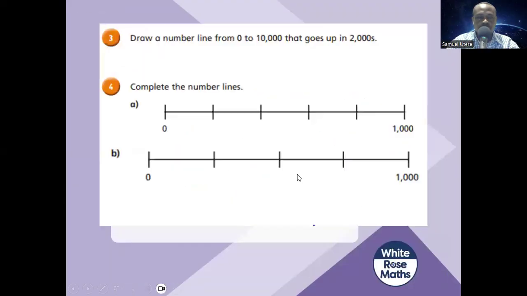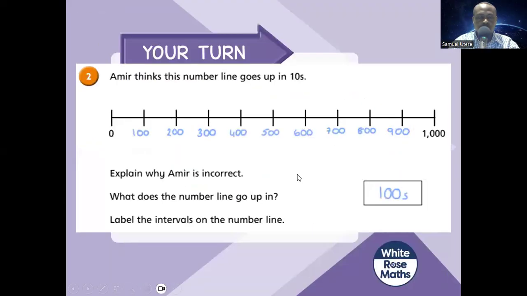Here is question 2. Amir thinks this number line goes up in tens. Explain why Amir is incorrect. What does the number line go up in? And label the intervals on the number line. So here you see the difference is 1,000. And you can see we have 10 intervals.